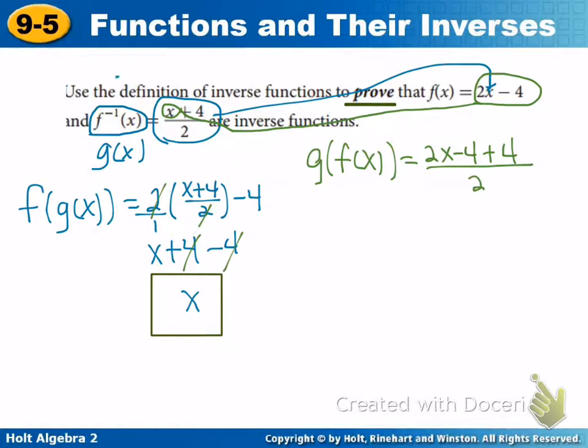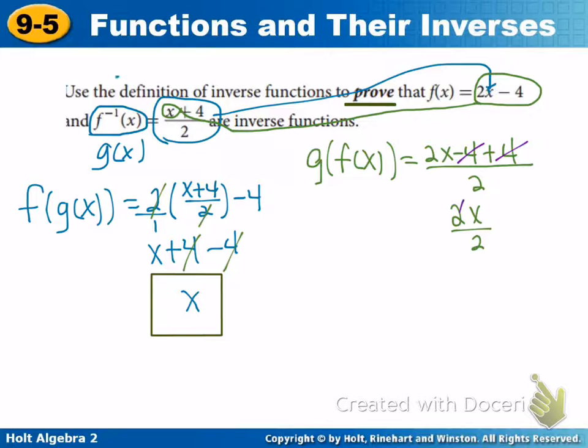Okay, let's simplify this down. What can I do in that numerator? 2x minus 4 plus 4. I can cancel out the 4s. What will that leave me with? The 2x divided by 2, 2x over 2. Now we can do what?